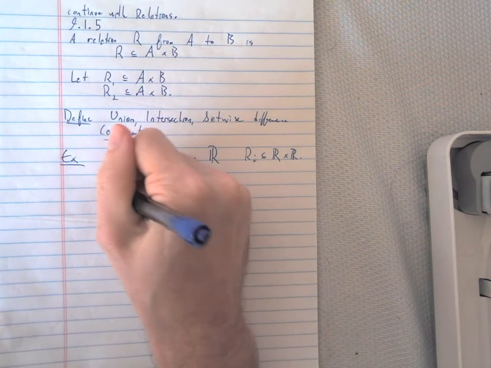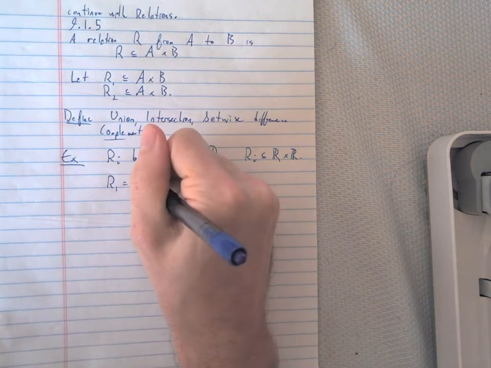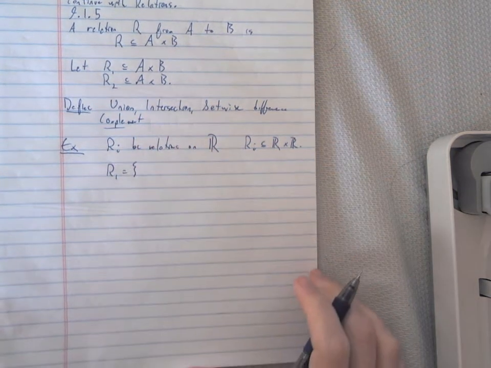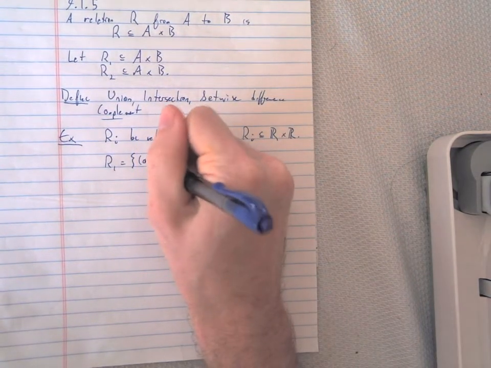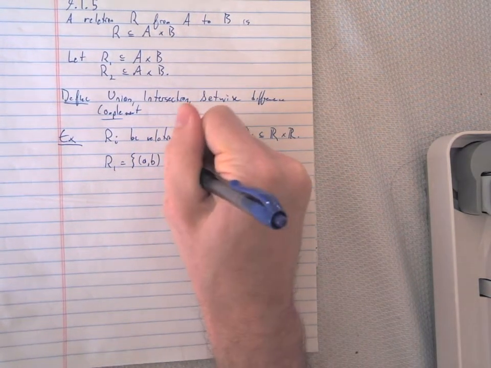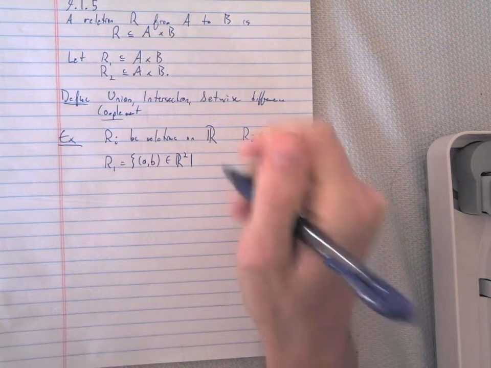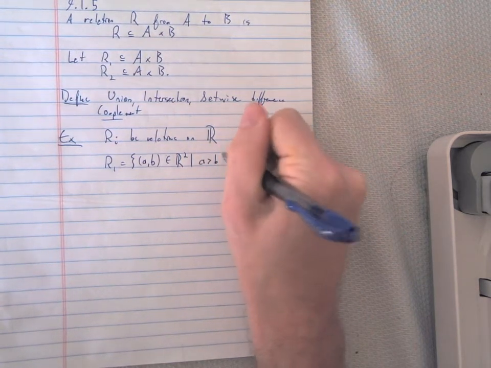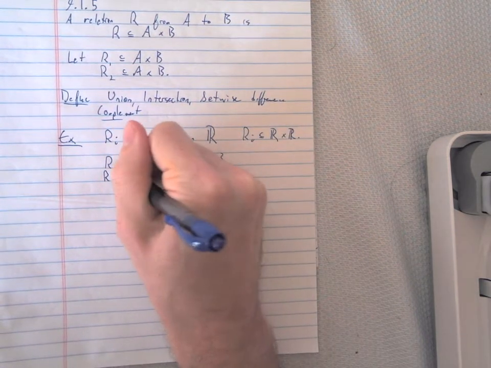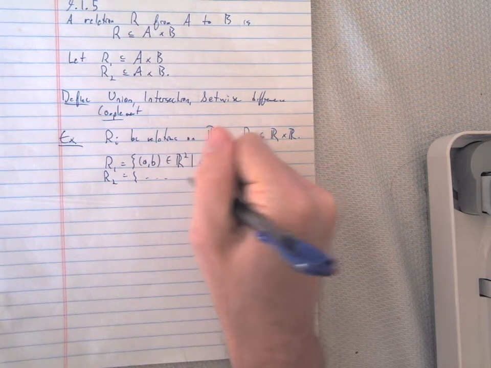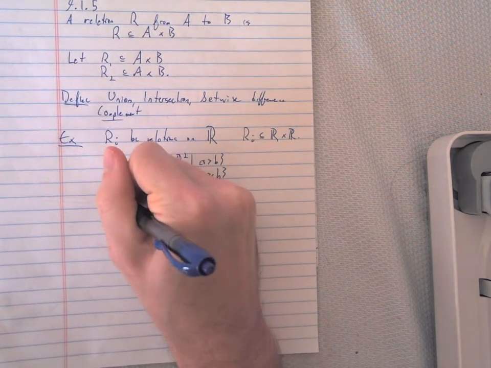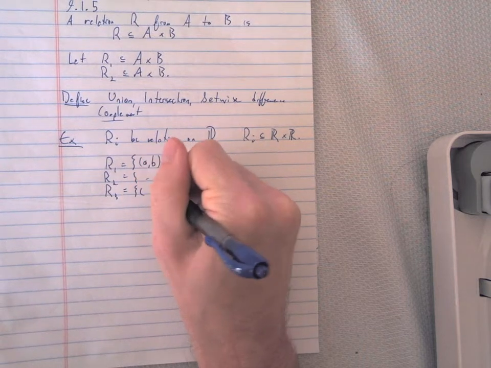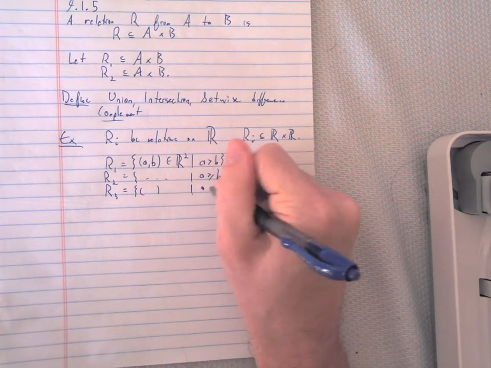So let's set R1 to be equal to the set of all pairs or tuples (a, b) in R squared, such that a is greater than b. R2 is going to be the set of all tuples such that a is greater than or equal to b. R3 is going to be the set of all tuples such that a is less than b.